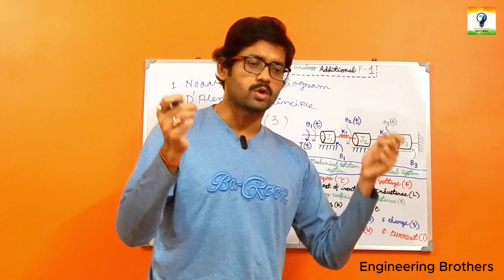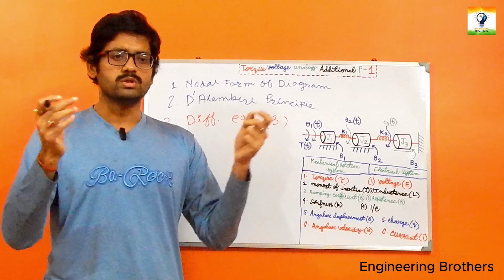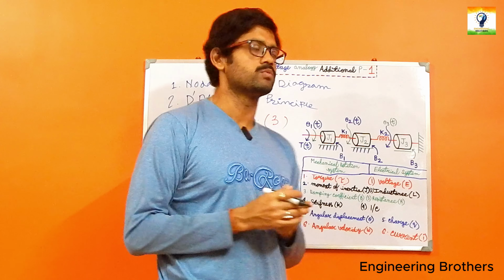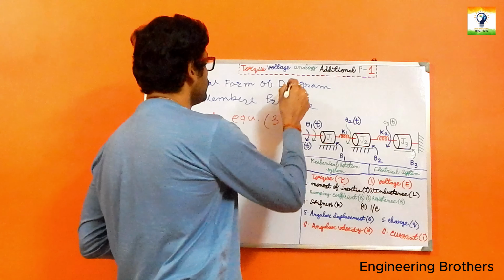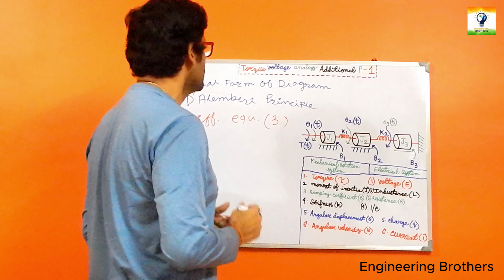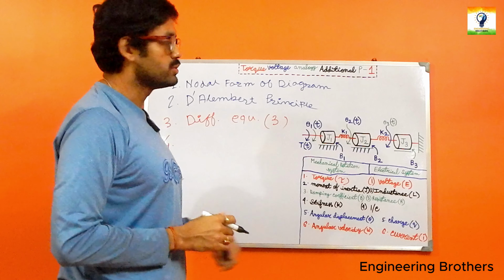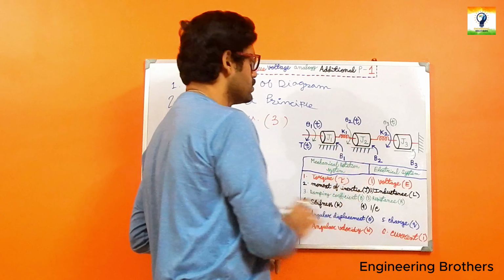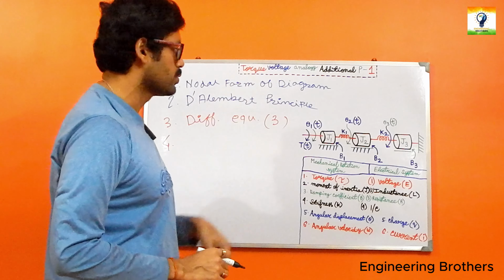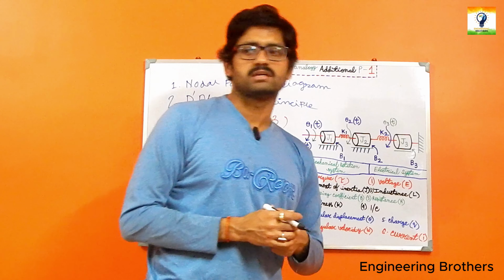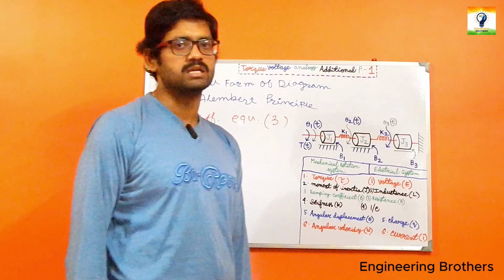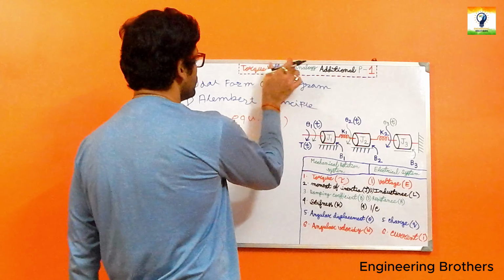That bridge is the exact definition of our torque voltage analogy. So the torque refers to our mechanical rotational system, and the voltage naturally refers to our electrical one. We need to match these two different systems, and that is the exact meaning of this torque voltage analogy.